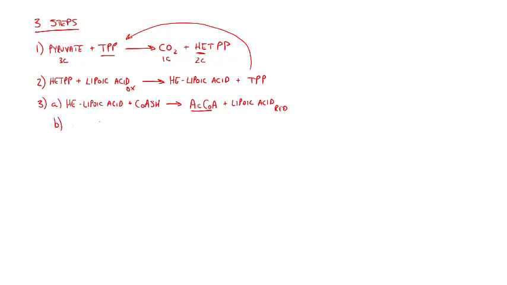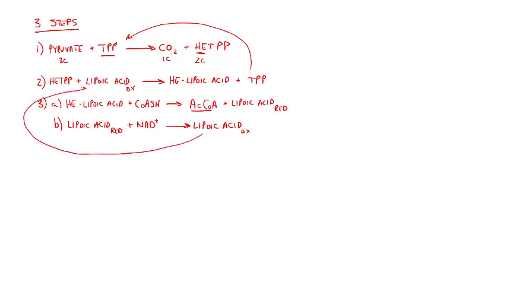So in step 3b, our lipoic acid, which is reduced, is going to hand off its electrons somewhere. Where do you suppose the electrons are going to go? Well, this is catabolism, so I would say the electrons are going to go onto NAD+. We are left with our oxidized lipoic acid again, which can be reused, and NADH.